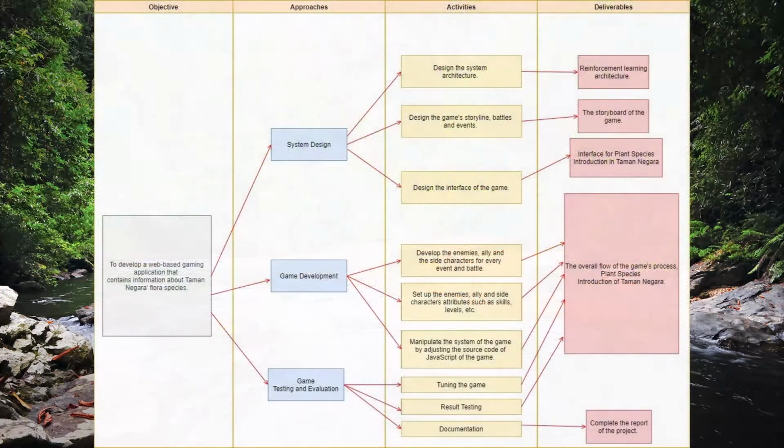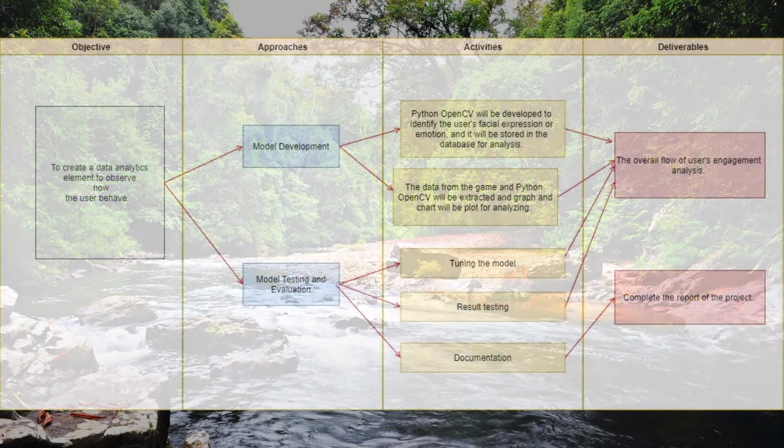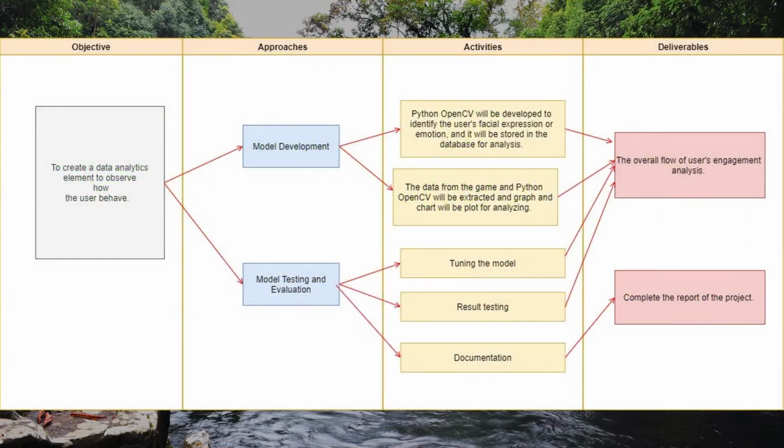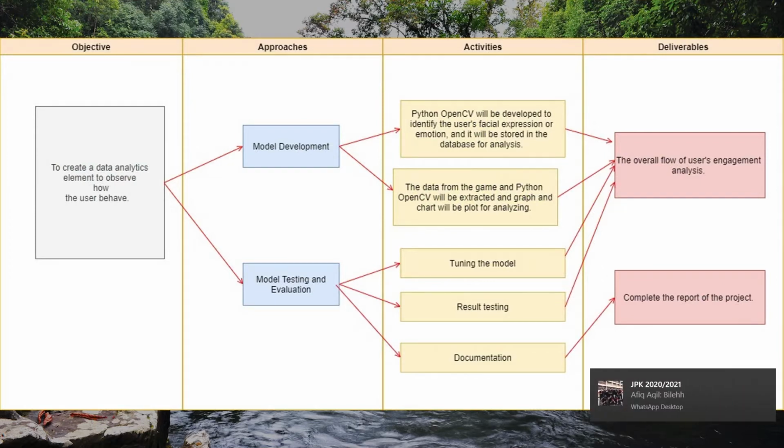For the third objective, the approaches are system design, game development, and game testing and evaluation. The last objective is the model development and model testing and evaluation.